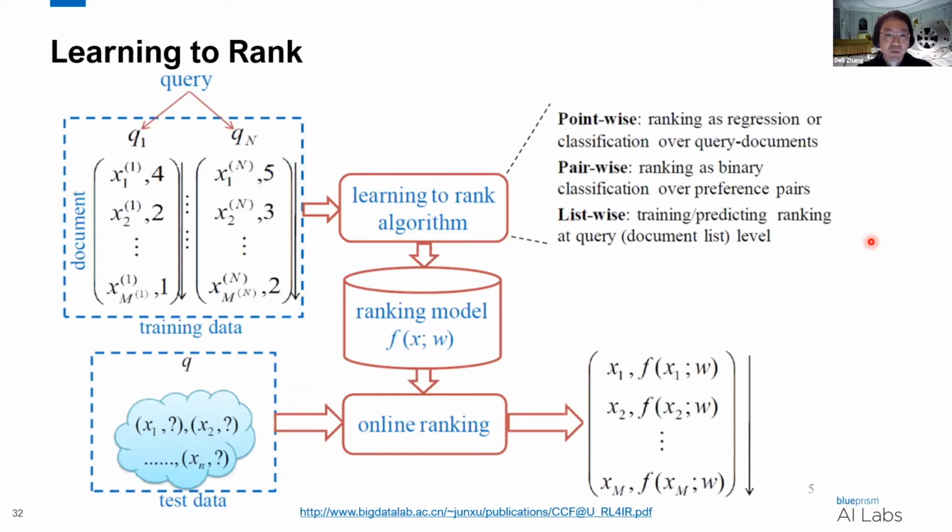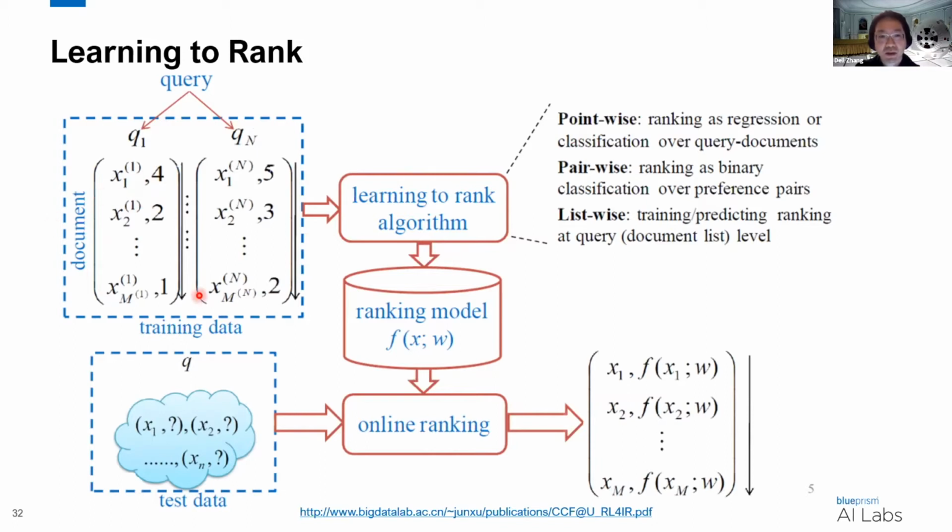So basically, we have a large amount of training data for past queries, where the training data could be collected, for example, from the click-through logs of a search engine. So given a query, we know what links the users have clicked, which could indicate that these web pages are relevant to the query.